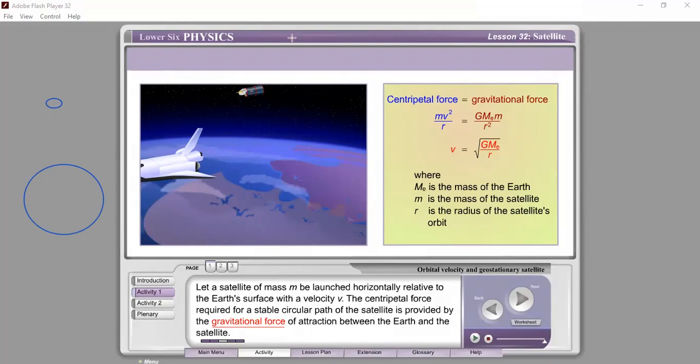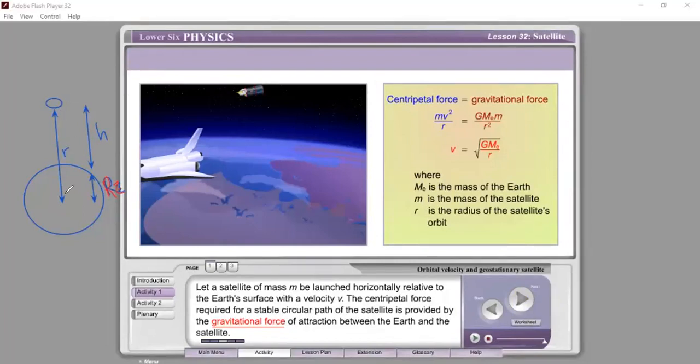When the satellite is launched, we consider there will be a distance, this is R. This is the distance R. So from here, we can notice that this is the height of the satellite and this will be the radius of the Earth. So from here, we have two things we need to consider. That means this is a height from the surface of the ground, and we also have RE, that will be the radius of the Earth, RE.